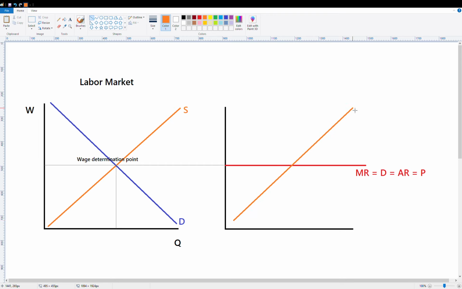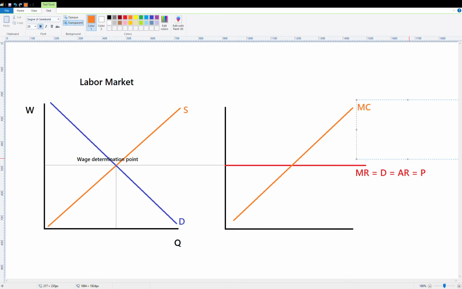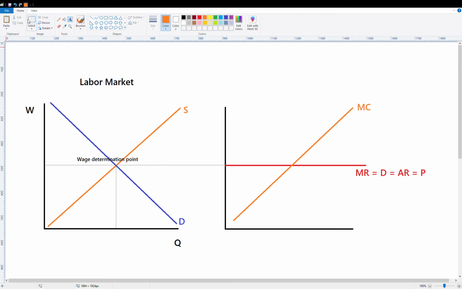The MC goes like that, and since the marginal revenue is constant, this is the quantity of workers that they'll hire, and the wage is already determined. However, in a labor market, okay, this is too long.